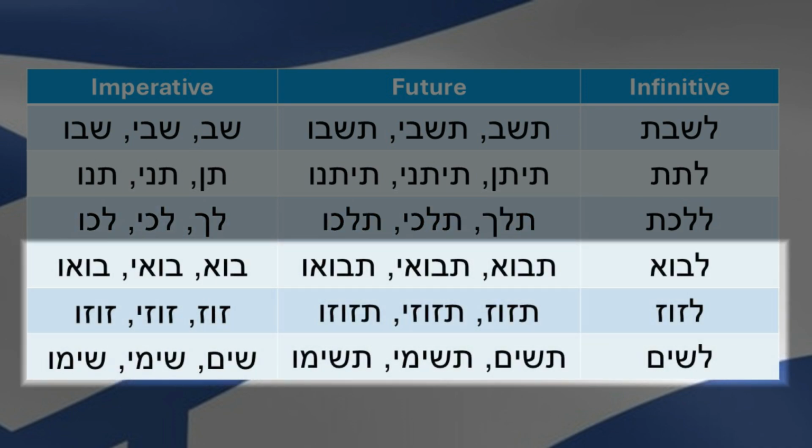The bottom three verbs on this list are either ayin vav or ayin yod verbs. So I do think that it's probable that Israelis will use the regular imperative for other verbs like this, other ayin vav, ayin yod verbs in the pa'al binyan.